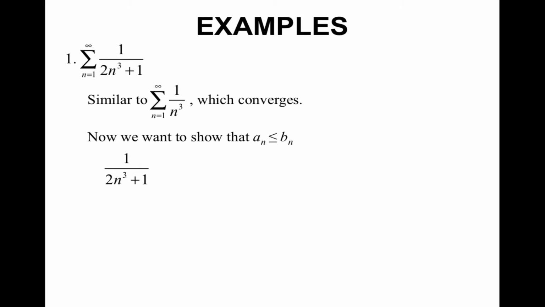And if I was to tear back the layers or the constants that don't do a whole lot to the sequence, I would then get the 1 over 2n cubed, which would be a larger sequence than the 1 over 2n cubed plus 1. And then if I was to tear back the 2, I would get another sequence that is larger than both of the previous sequences.